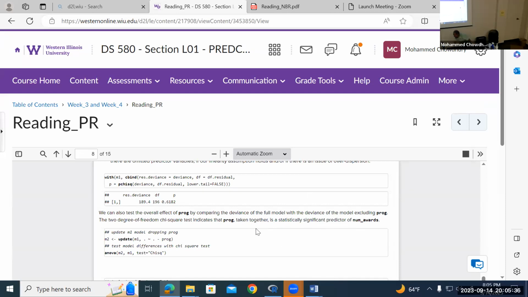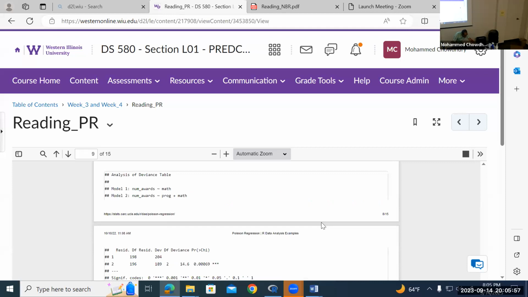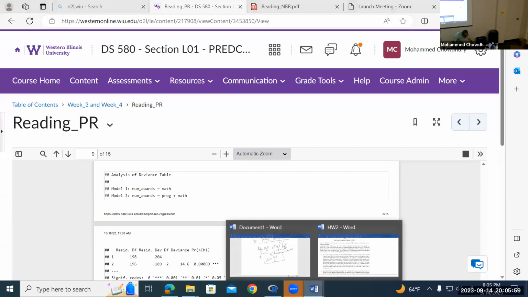What they have done here: by the degrees of freedom definition, if there are 3 categories, it reduces to 3 minus 1 equals 2. So for each of these 3 categories, they are comparing the mean number of absences.